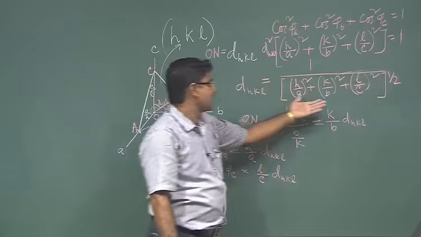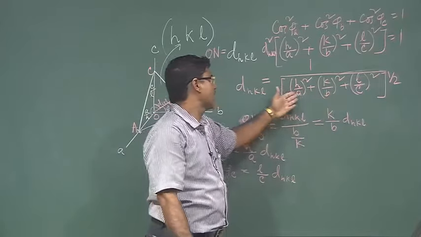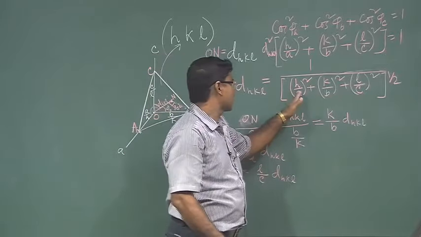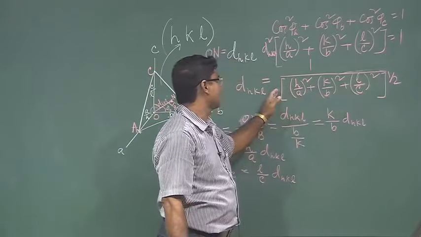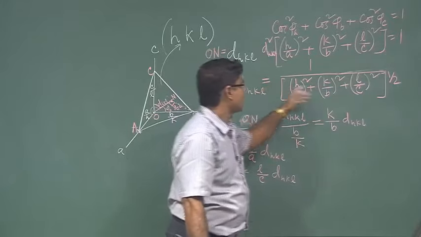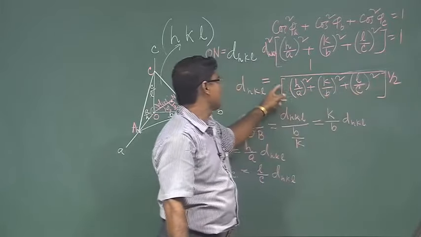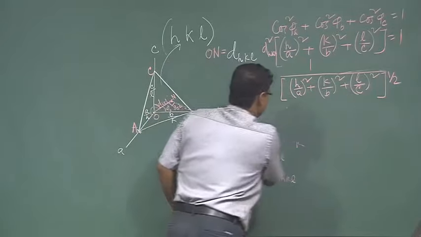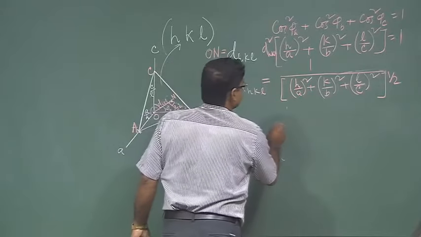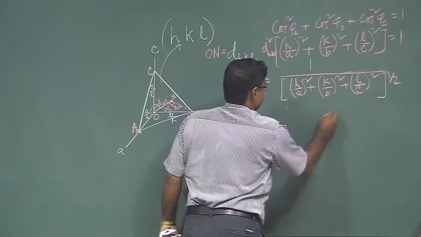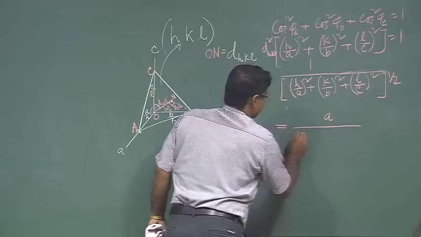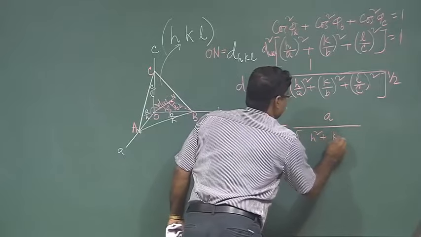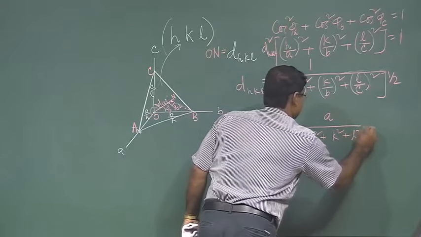So if it is a cubic crystal, A equal to B equal to C, right. So all will be A, and the square root is there. So basically for cubic you will get A by the square root of H square plus K square plus L square, right.